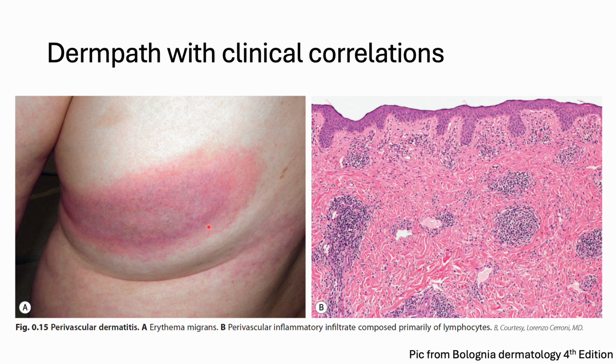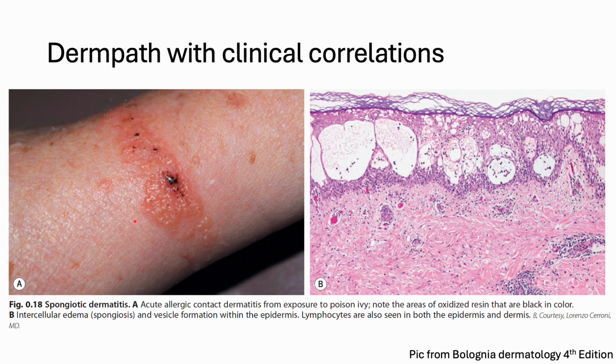And why is there such a presentation? That is because histologically you can see perivascular lymphocytic infiltration that will make the blood vessel dilated, causing this erythema. And also since there is so much inflammatory infiltrate, the skin will look very edematous or swollen. So that is a good correlation.